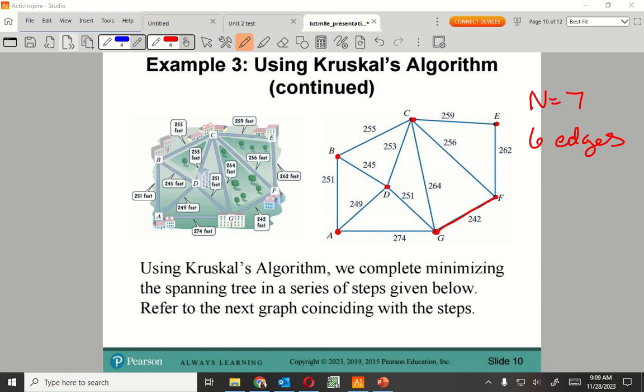What's the next smallest? There's another 40 something. Wait. There's 245, right? Yeah, there is a 245, so that's good. So there's the 245.